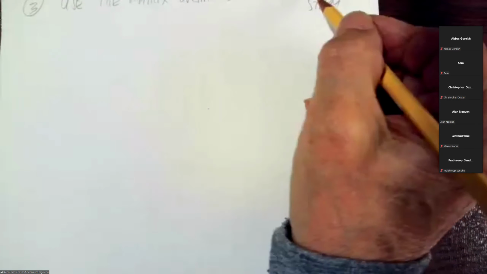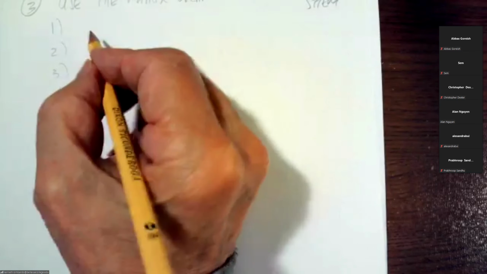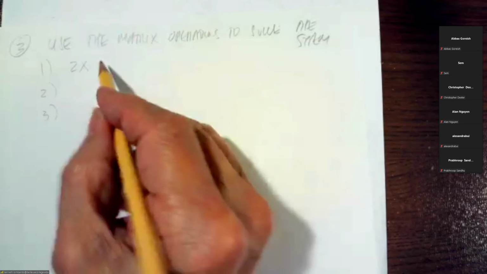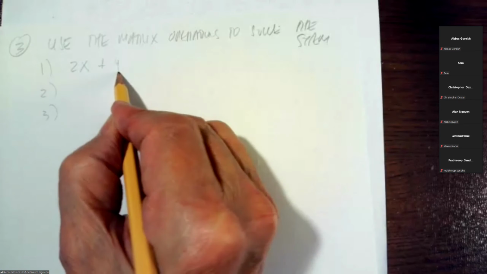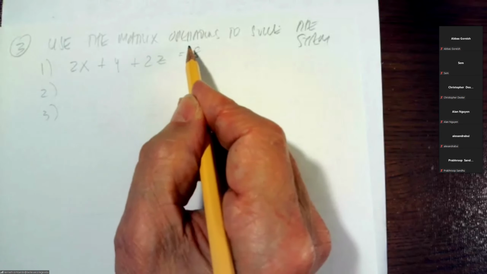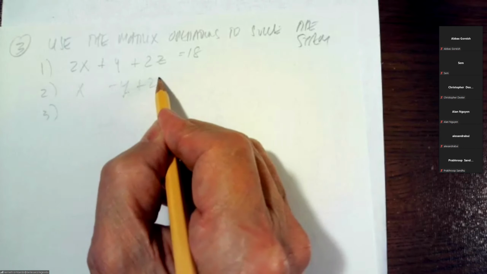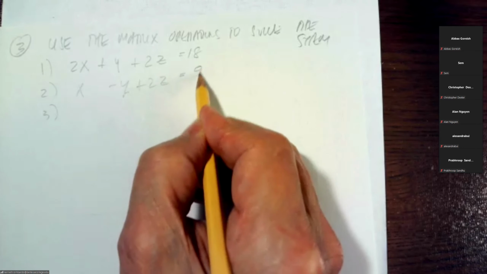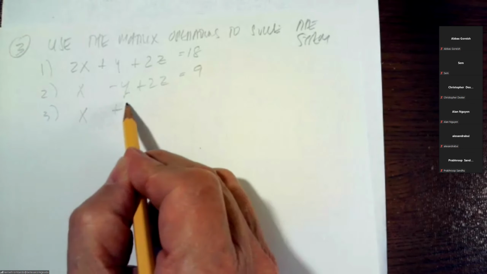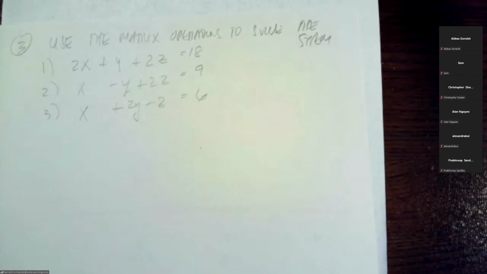And what's the system of equations? Well, 2x plus y plus 2z equals 18. x minus y plus 2z equals 9. x plus 2y minus z equals 6.